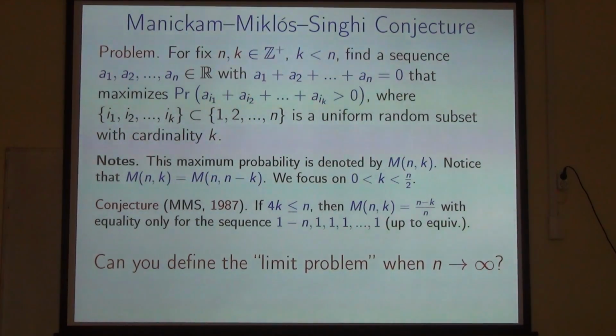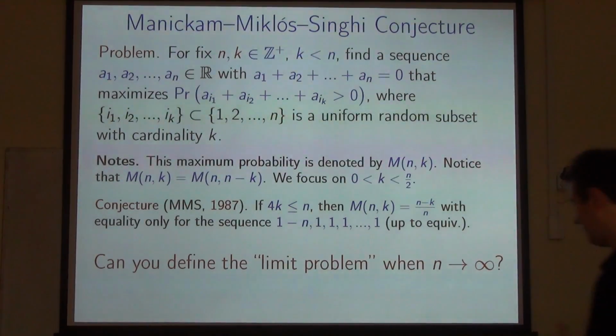You don't have this assumption that the sum of the a_i is 0. This was our assumption, but instead of this, we just consider the probability that the sum of a_i x_i is larger than the expected value.